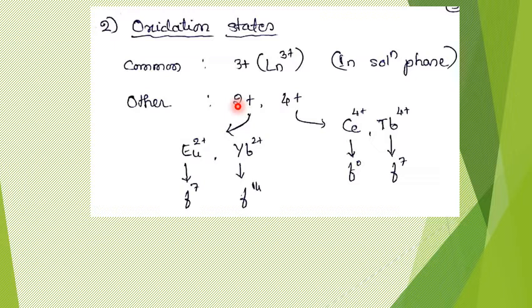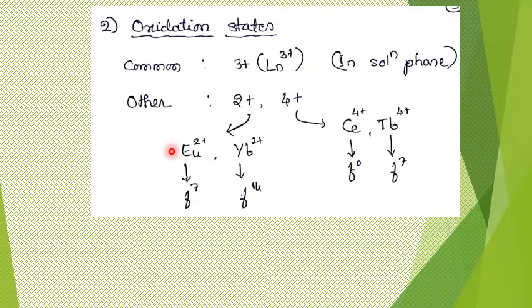Now the 2+ oxidation state in lanthanoids is shown by europium as well as ytterbium, right? To understand why europium and ytterbium can show the 2+ oxidation state, we should go back to their electronic configuration. By now I hope you know how to write the electronic configuration of europium.